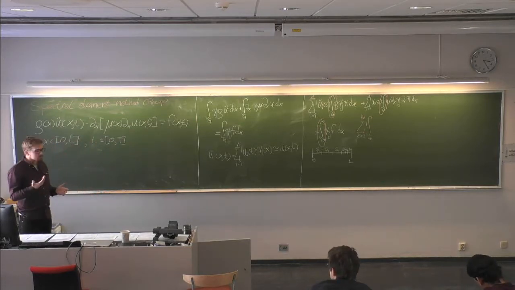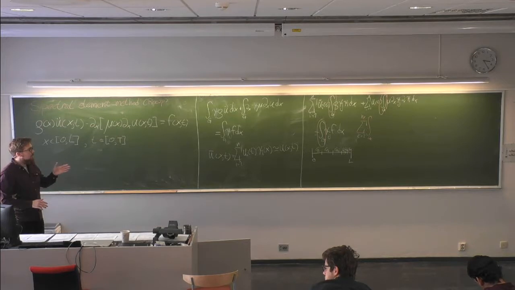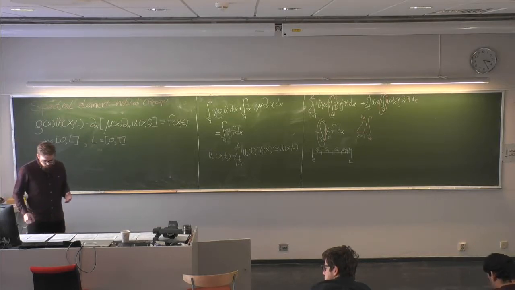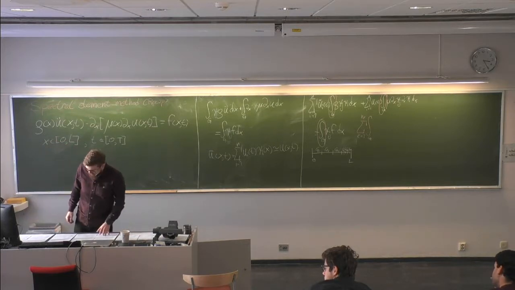So that's why we used basis functions that only have support in one of the elements at a time. Or, well, for all time, but yes, they only have support on one of the elements.